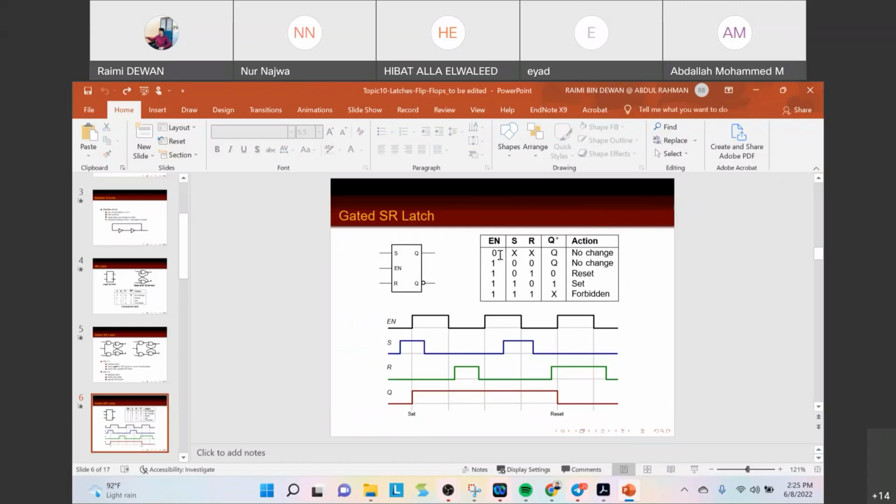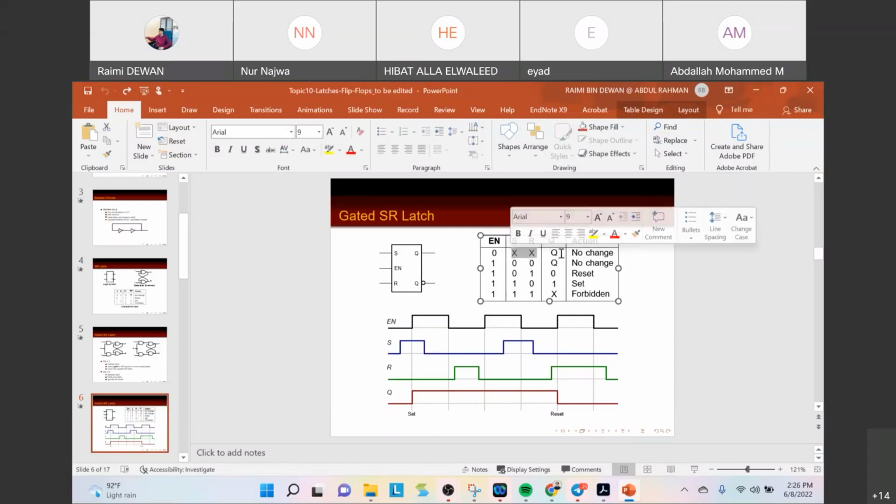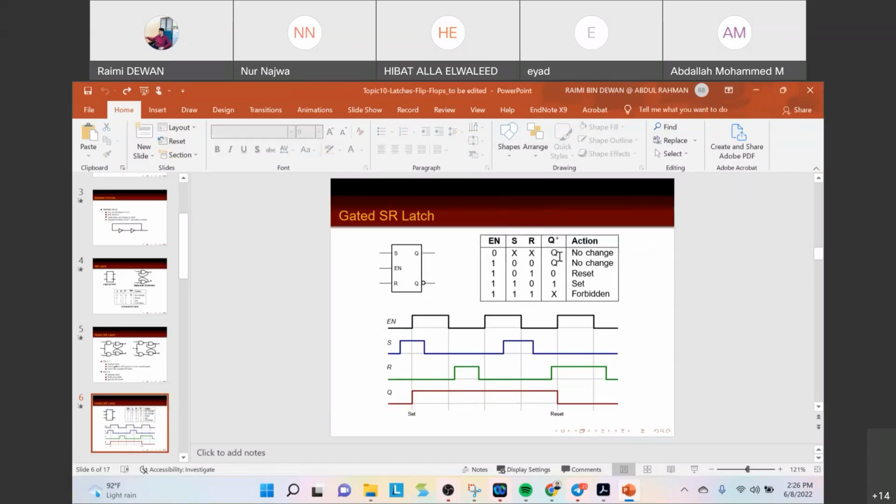If enable is 0, it doesn't perform the latch operation. At this time, it ignores the input of SR. That's why you have don't care. And it just follows the previous value, which is Q. Your future will just follow your present value. At this time, there is no change.